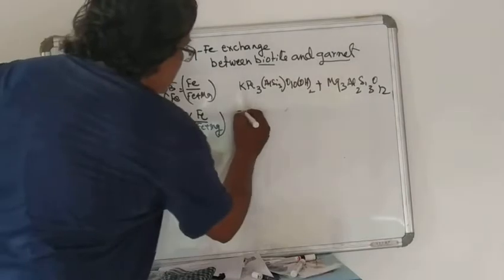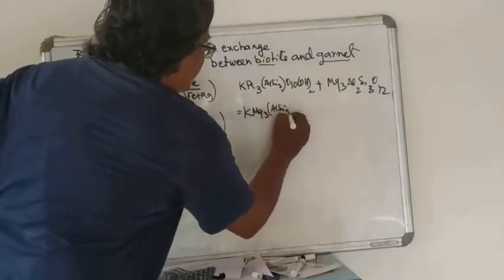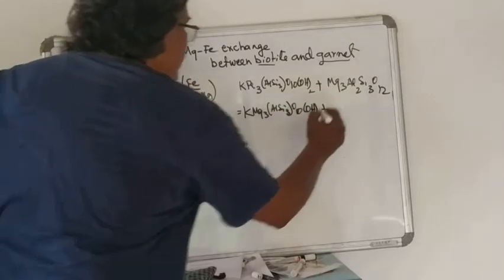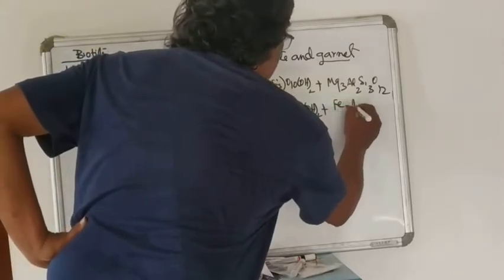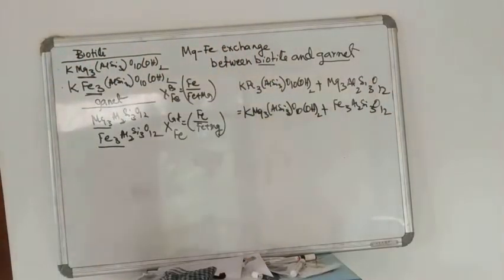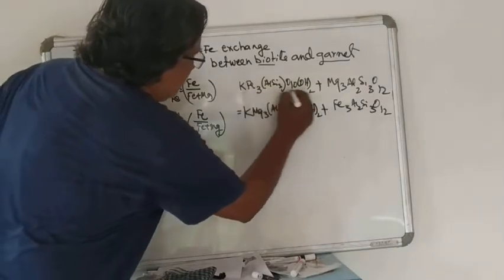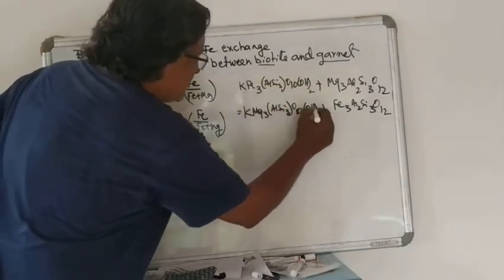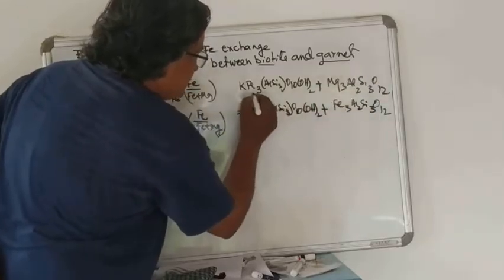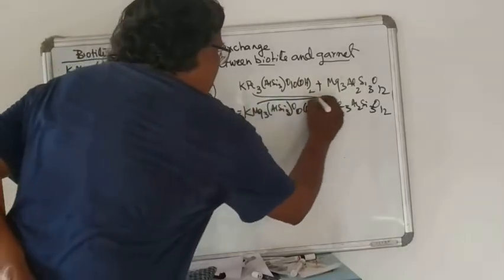Is equal to K Mg3 Al Si3 O10 (OH)2 plus Fe3 Al2 Si3 O12. Have you understood? So here you see the iron in the biotite, and this is magnesium in biotite, this is magnesium in garnet, this is iron in garnet. So you can see this iron goes into garnet and this magnesium of garnet goes into biotite.